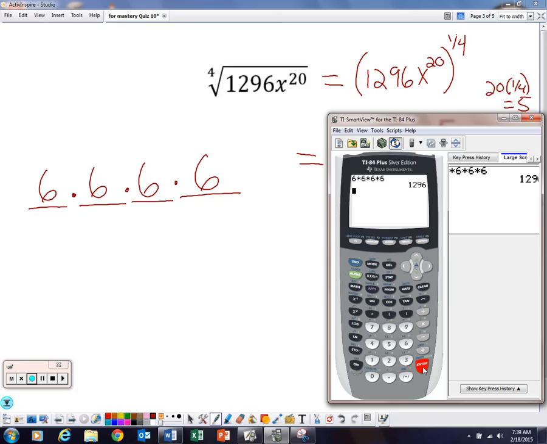Or you can immediately go to your calculator and do this. 1,296 raised to, again, you must use parentheses, the 1/4 power is 6. All right, let's keep going.